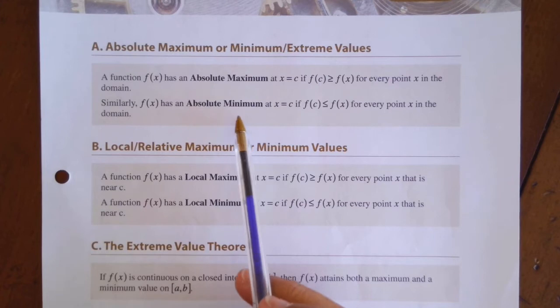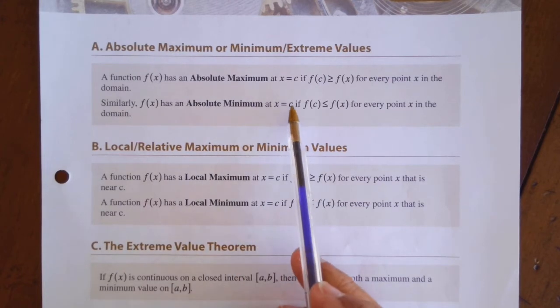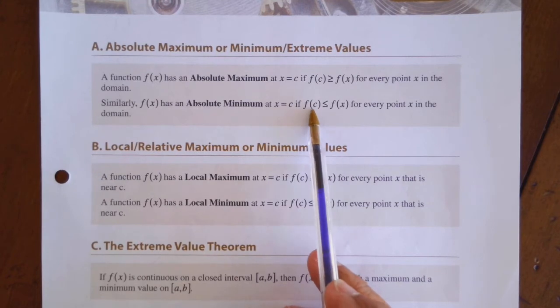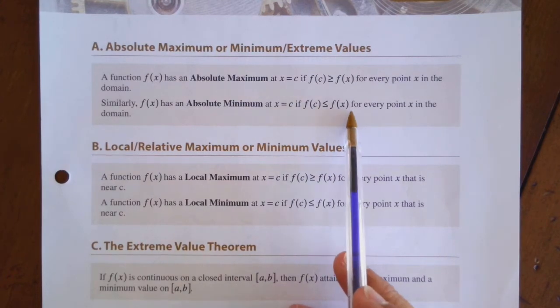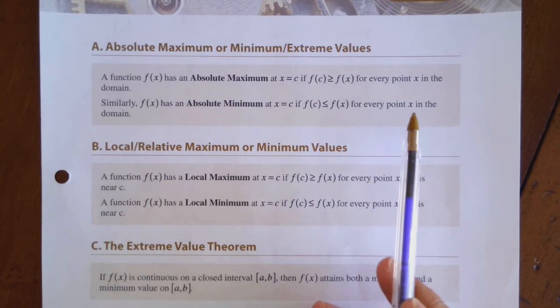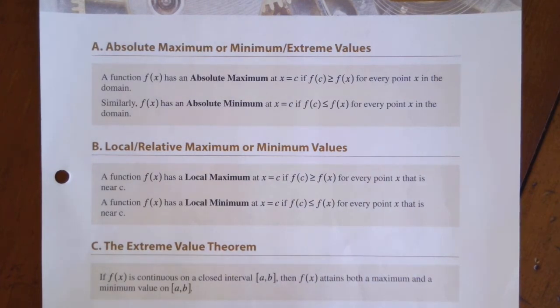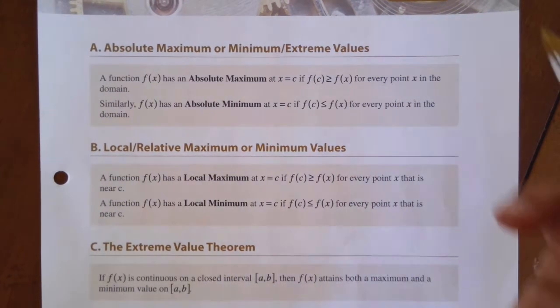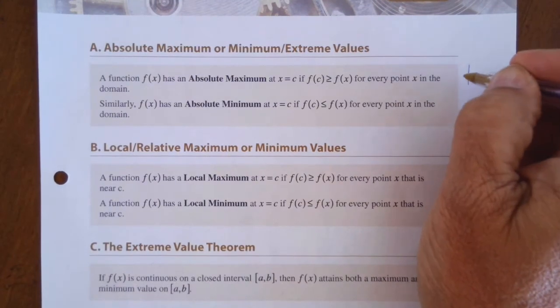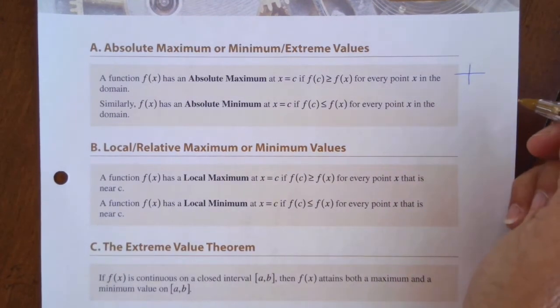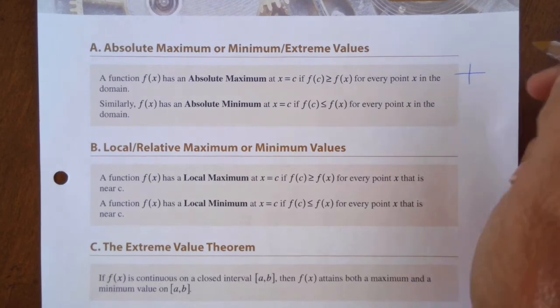Same thing is true for an absolute minimum. You would have some value at x equals c where the y value is less than or equal to all the other values of y for every x in the domain. Okay, so a very basic function I can give you that you know exists would be a parabola.